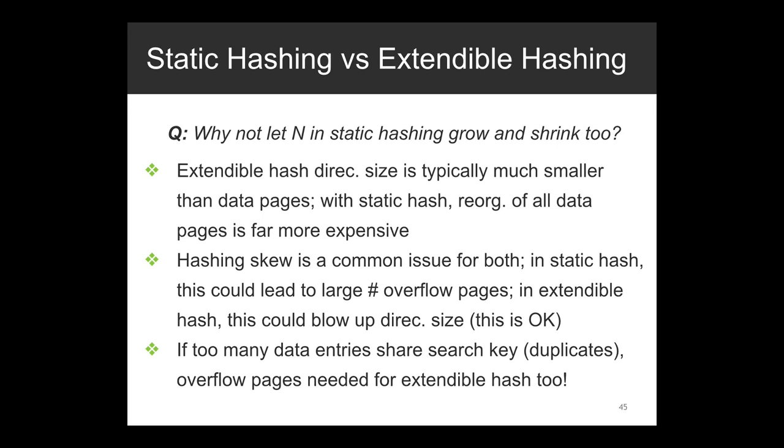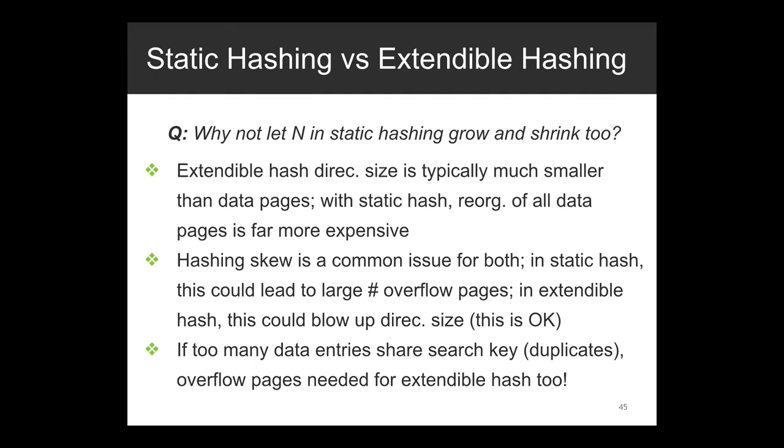There is no hash function that will split them apart. So all of them will hash to the same bucket page. And because they have the same bit sequence for your local depth, they're basically going to have to go to an overflow page pointed to by the bucket page. So overflow pages are unavoidable in cases of duplication in the search key values.